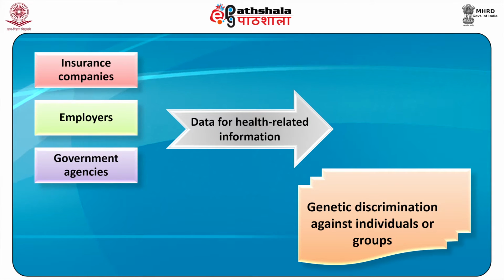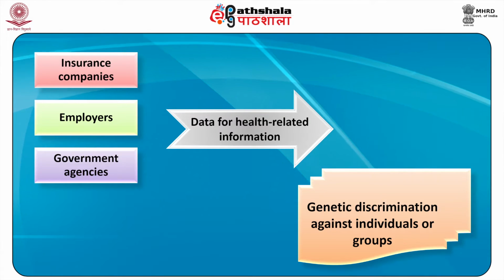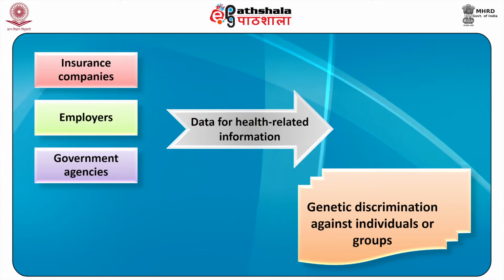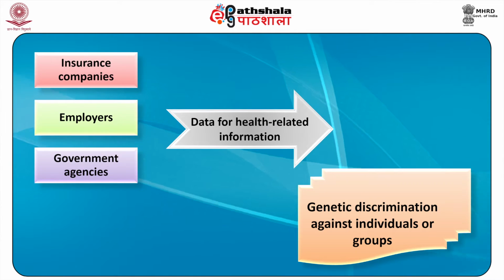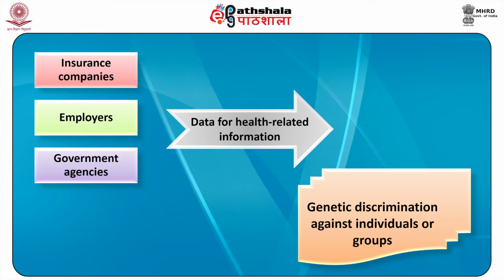Insurance companies, employers or government agencies might raid the data for health related information, leading to genetic discrimination against individuals or groups. Therefore, CODIS does not store criminal history information.